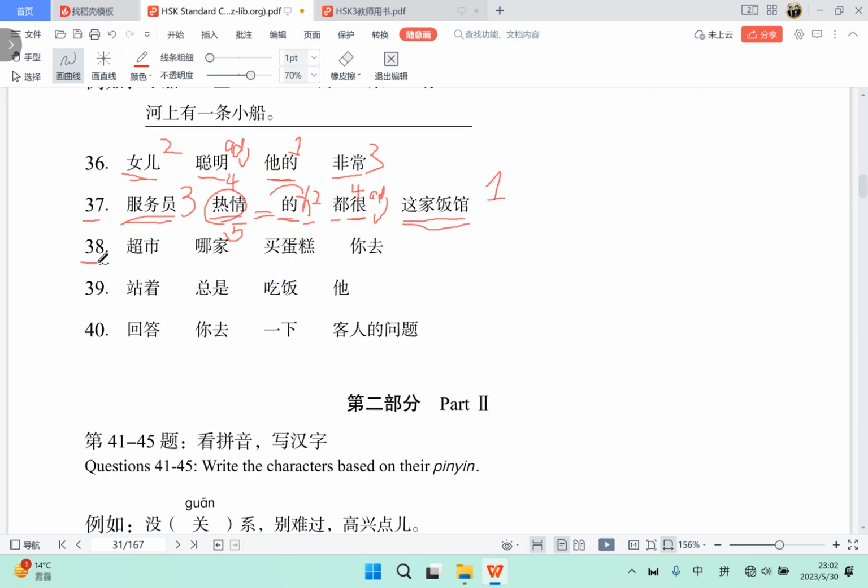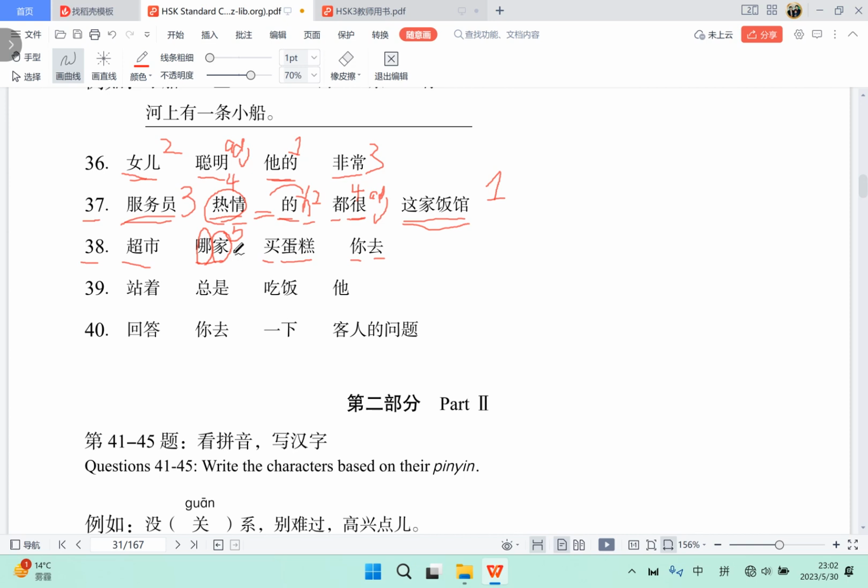Okay, number 38: 超市 supermarket, 哪家, 家 could be a measure word for the supermarket. So 哪家, which one, which supermarket, 买蛋糕, to buy the cake, 你去, you are going to. So this should be a question, right? Which supermarket are you going to to buy the cake?